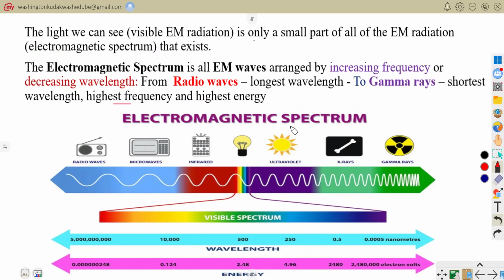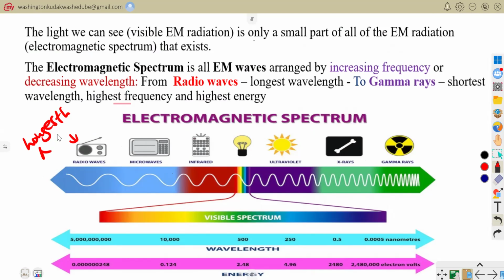This is the full description of what we refer to as the electromagnetic radiation spectrum, where we have all the individual examples of electromagnetic waves. So on this electromagnetic spectrum, you will see that we start from the radio waves, where we know that radio waves have the longest wavelength.